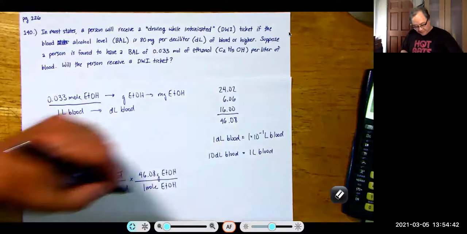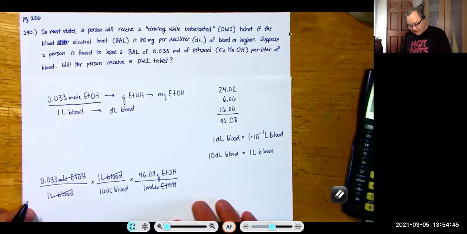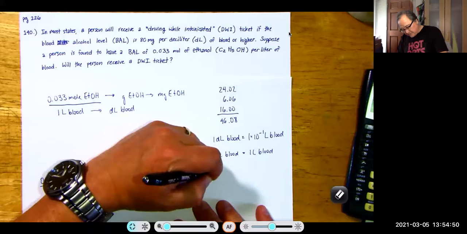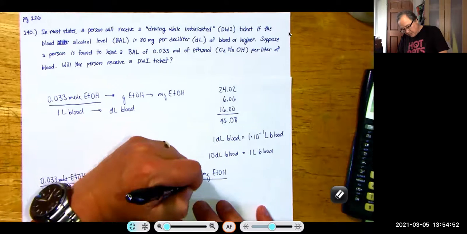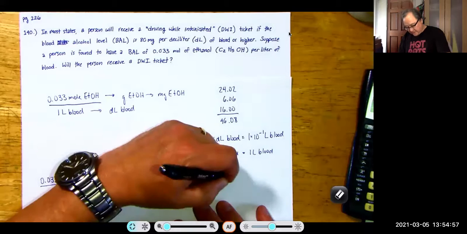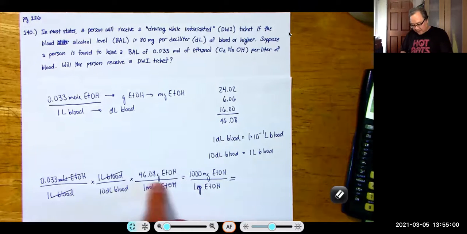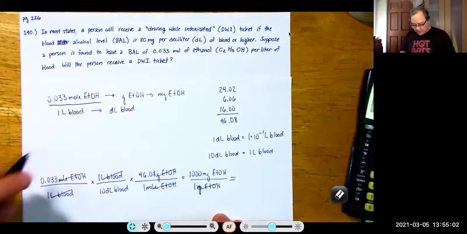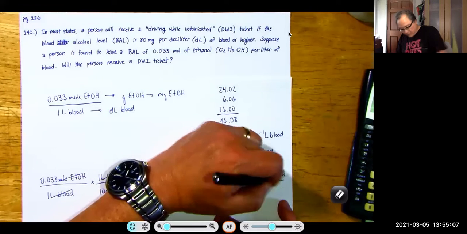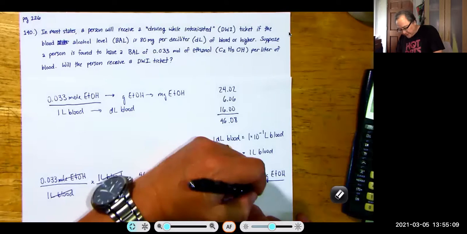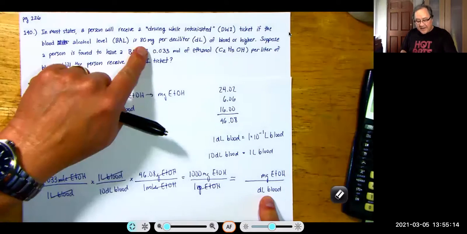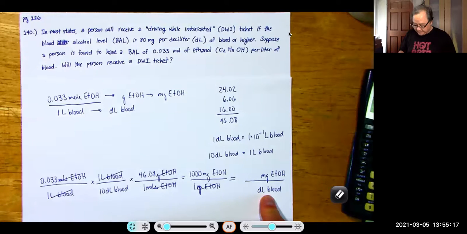And the moles of ethanol now cancel. And we know that there are 1,000 milligrams of ethanol per 1 gram of ethanol. And the grams of ethanol cancel. So we're going to be left with milligrams of ethanol per deciliter of blood. And of course, the reason we wanted that is so we could compare it to that 80 milligrams per deciliter.